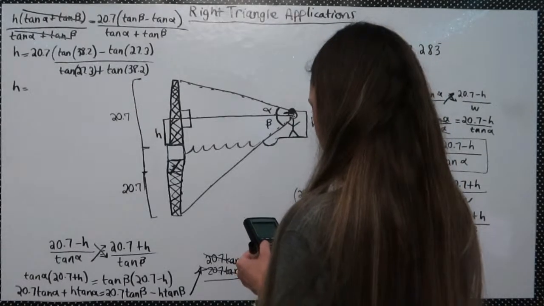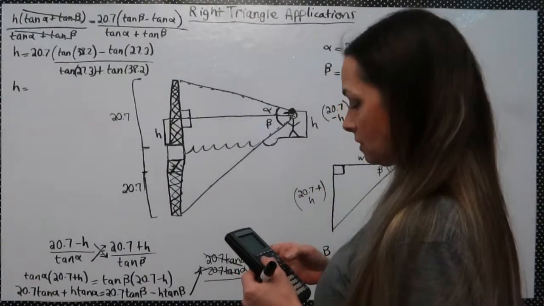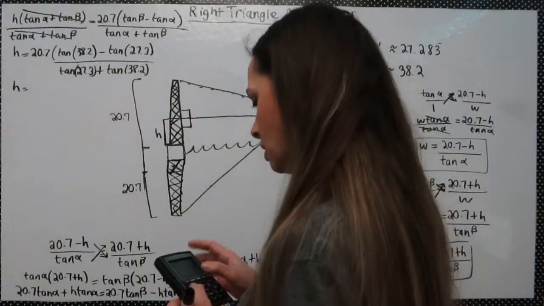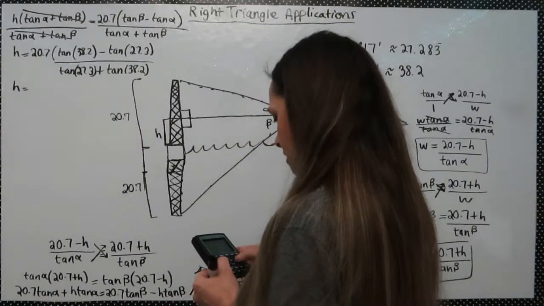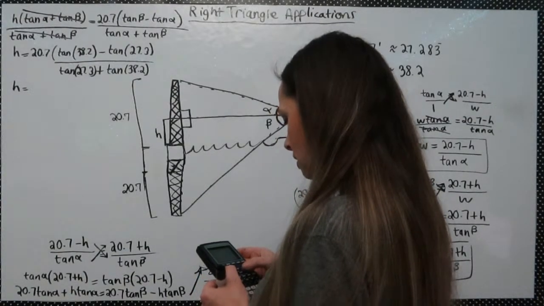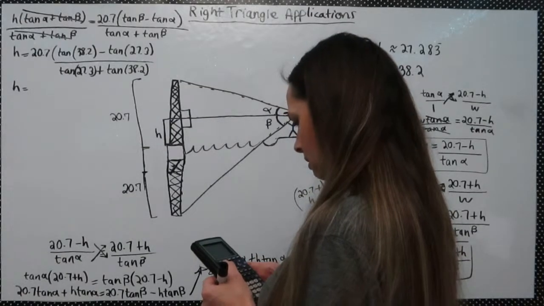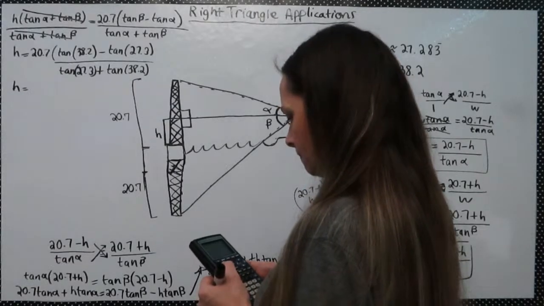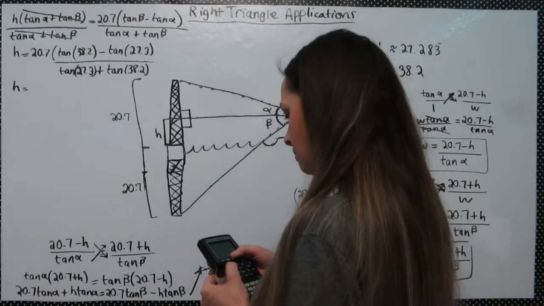And let's see what I did wrong because I'm not getting the same answer. Okay, 20.7 times tan 38.2. And this is the tragic part. It's not giving me the right answer. Minus tan. Let me just see if I can figure out the syntax where I made a mistake real quick. Okay, so you've got to be really careful.